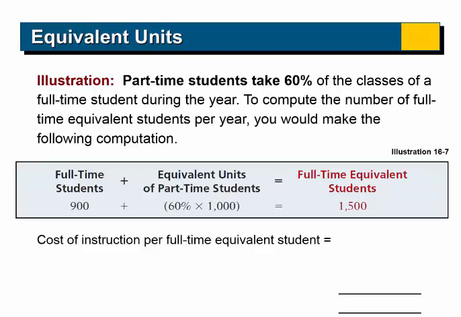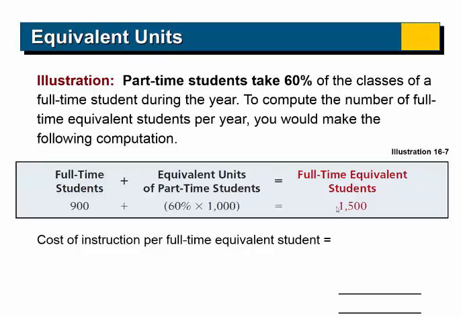So to compute the number of full-time equivalent students per year, we would take 0.6 times 1,000, or 60% times 1,000, to get the equivalent units of part-time students, and then add it to the 900 full-time students in order to get the full-time equivalent students.